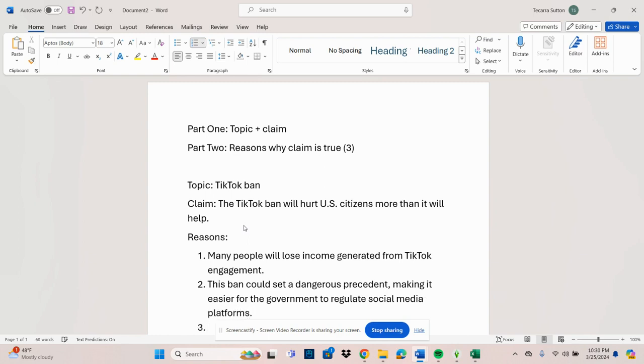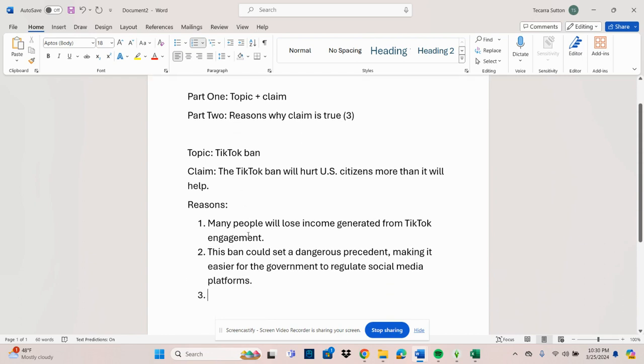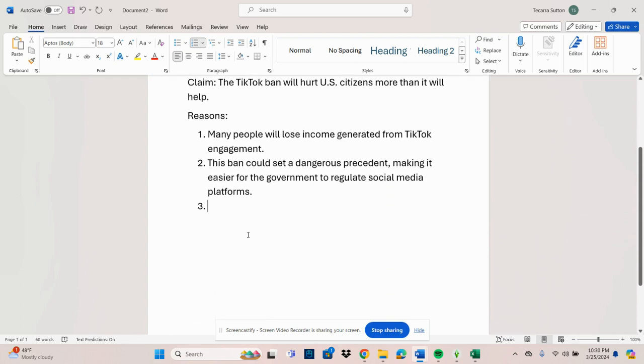Now I need a third reason. Hmm. Third reason, claim: the TikTok ban will hurt US citizens more than it will help. We're gonna have kind of a not so strong one, but we're gonna have it for now.